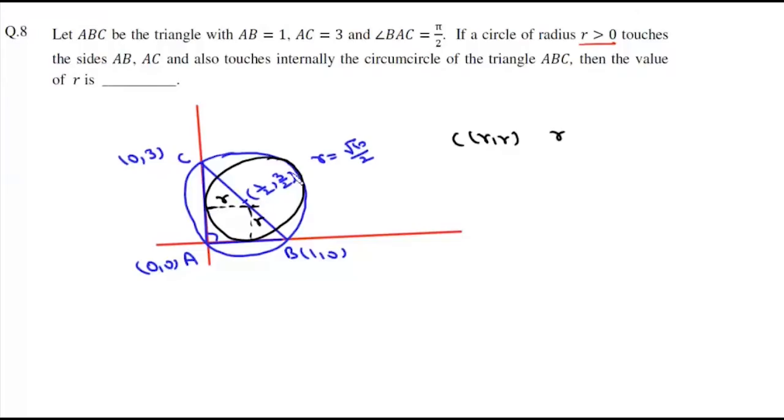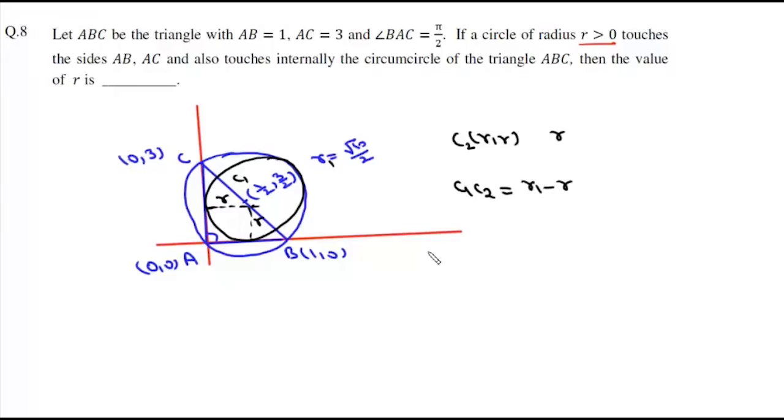Now these two circles touch each other internally, and if two circles touch each other internally, then C1C2 must be equal to R1 minus R2.